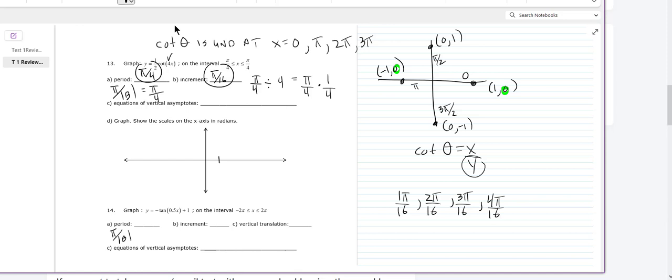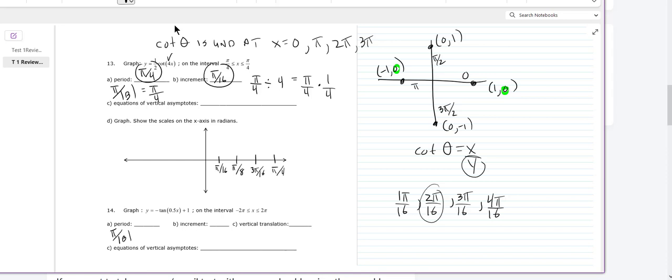So the first place I'm going to use is pi over 16. The second place is 2 pi over 16, but you want to reduce that to pi over 8. Then you've got 3 pi over 16. And then 4 pi over 16 reduces down to pi over 4. Those are going to be the places where you have your special points.